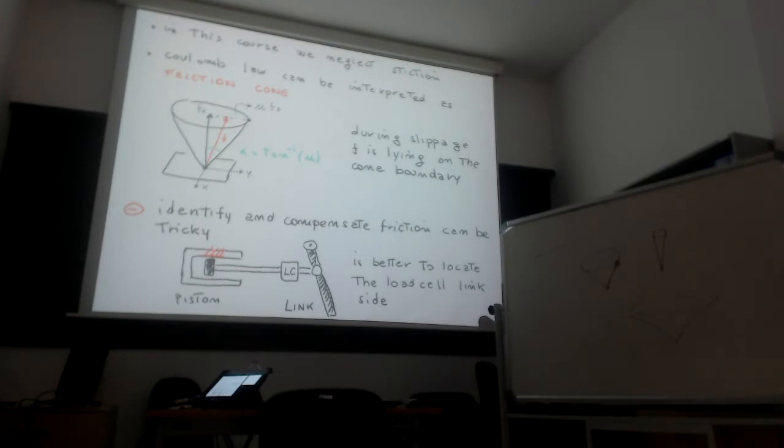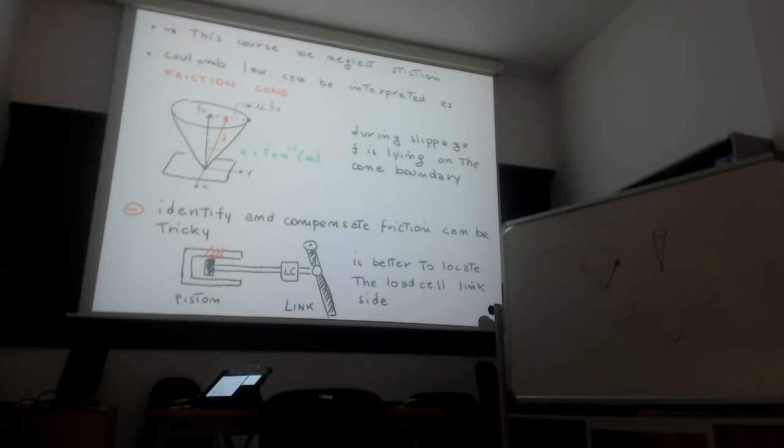And what we actually do in our lab is this: we have a hydraulic actuator that is composed of a cylinder and a piston, and you have a big friction in here. So rather than estimating the force you apply to the joint from the hydraulic pressure, we measure it after the actuator with a load cell.